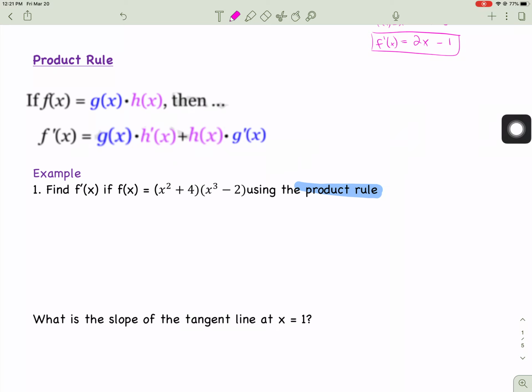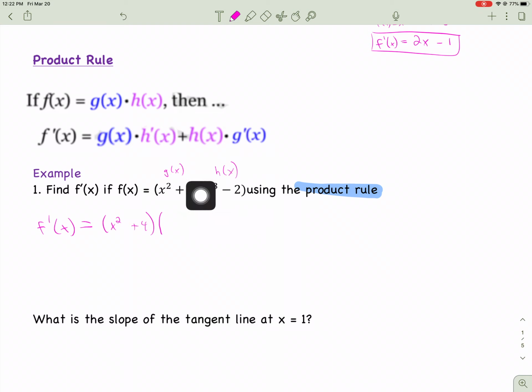So what I like to do here is call this g of x and call x cubed minus 2 h of x. So now if we follow this rule that says f prime of x equals g of x times h prime of x.